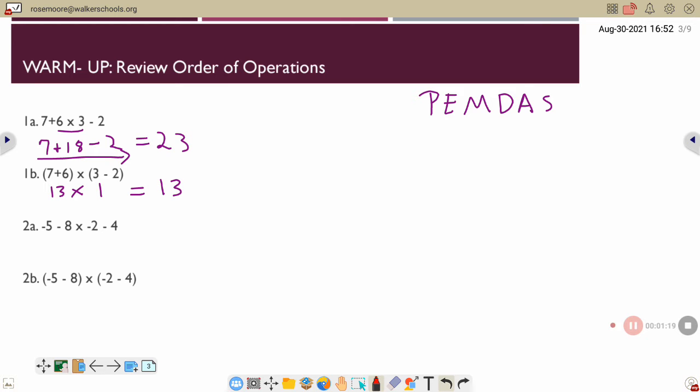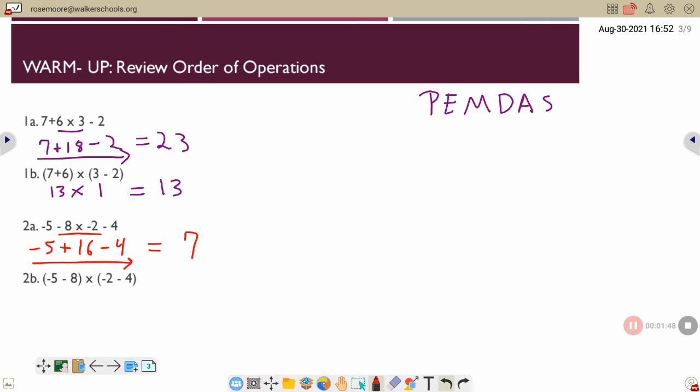So when we add parentheses to a problem, obviously it makes it a different answer. So this is going to be very important throughout this unit. Okay, one more time to emphasize, multiplication first if there's no parentheses. So I'll have negative 5 plus 16 minus 4, and then going from left to right, that would end up with 7.